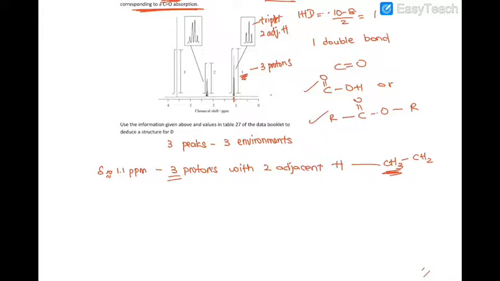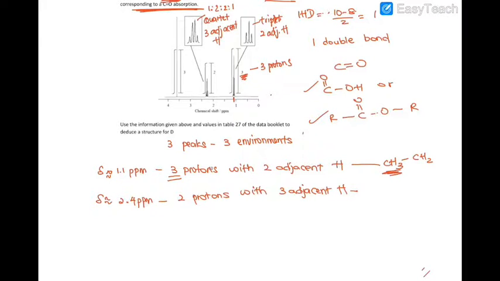Then we have one chemical shift around 2.4 ppm. And here you have 2 protons. These 2 protons, the peak splits into a quartet. So 2 protons with 3 adjacent hydrogens. So CH2, 2 protons adjacent to a CH3.